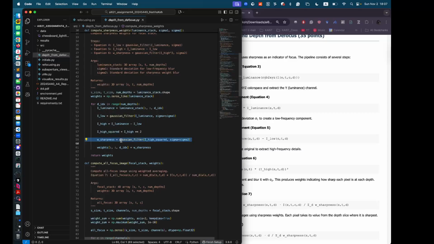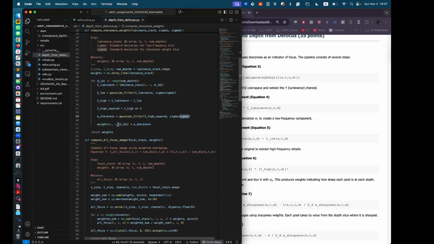Then we square the high frequency components, and lastly, we apply another Gaussian blur at sigma 2, as you can see here. And this produces weights indicating how sharp each pixel is at each depth. The intuition is that pixels are sharpest when they're in focus.